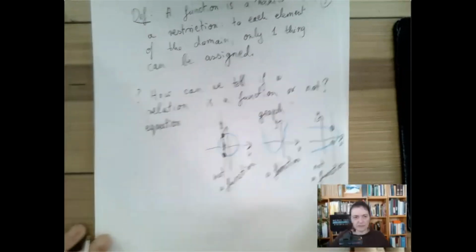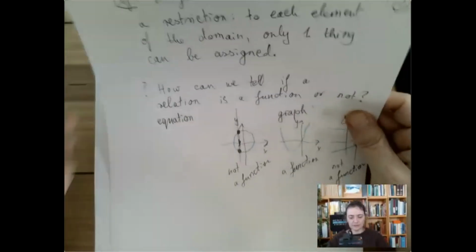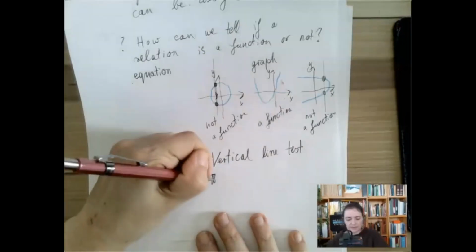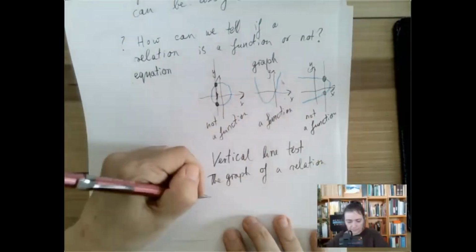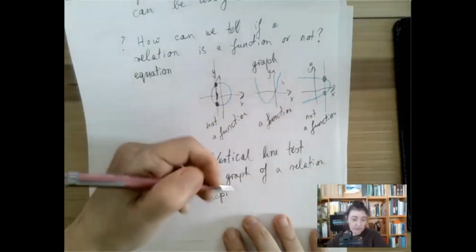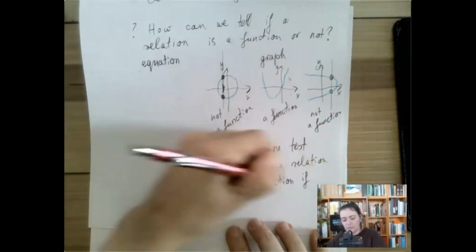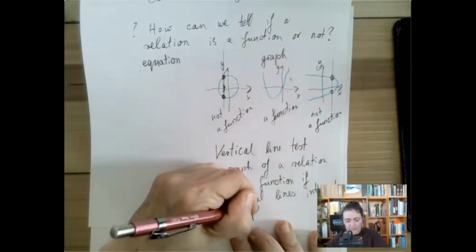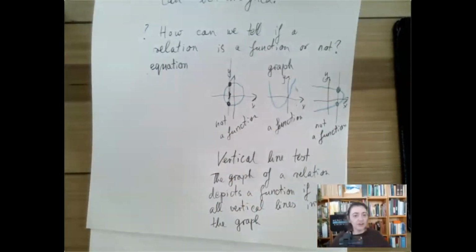Well, I guess if you're that rusty, then we should spell out the whole thing. This is called the vertical line test. The graph of a relation depicts a function, so the relation is a function, if all vertical lines intersect the graph, but there are two options: not at all or just once.